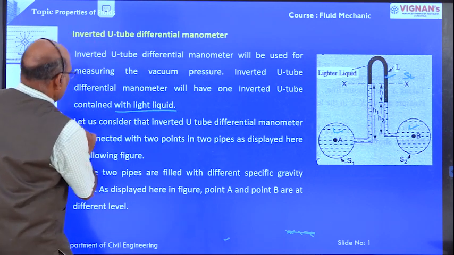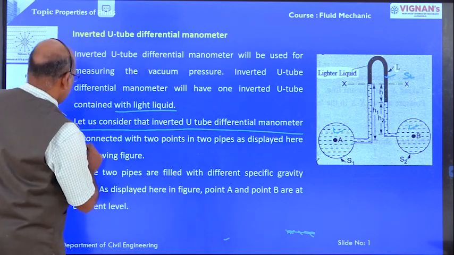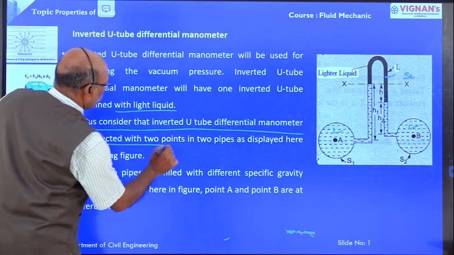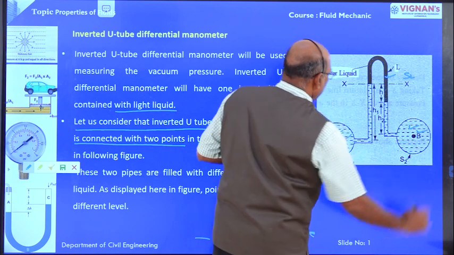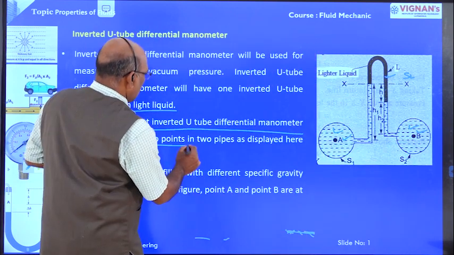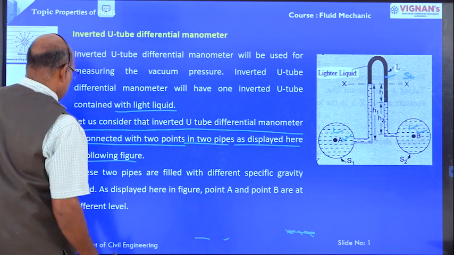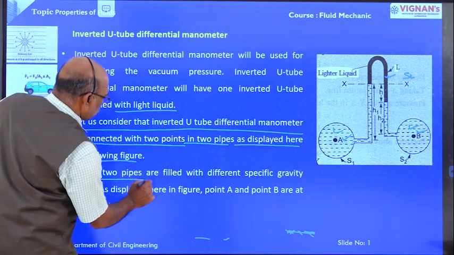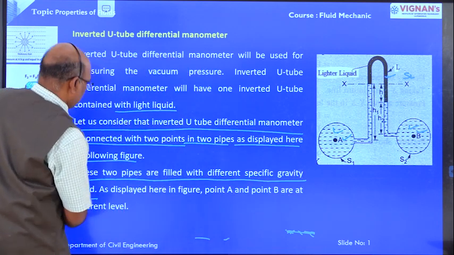Let us consider the inverted U-tube differential manometer is connected with two pipes. This is pipe A, this is pipe B, in two pipes as shown in the figure. These two pipes are filled with different specific gravity liquids.